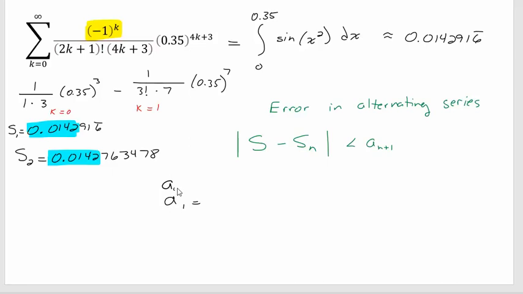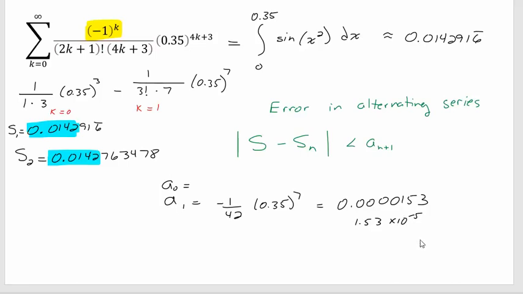So our a sub 0 came out to be this guy here, a sub 1, let's call it that, is negative 1 over 42 times 0.35 to the 7th. 1 over 42 times 0.35 to the 7th is 0.00. Let's see, I need 4 zeros and a 153. 1, 2, 3, 4. My calculator says 1.53 times 10 to the negative 5th.